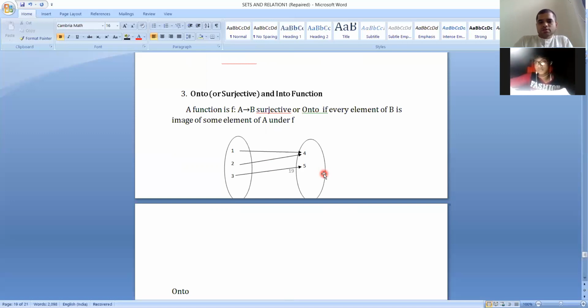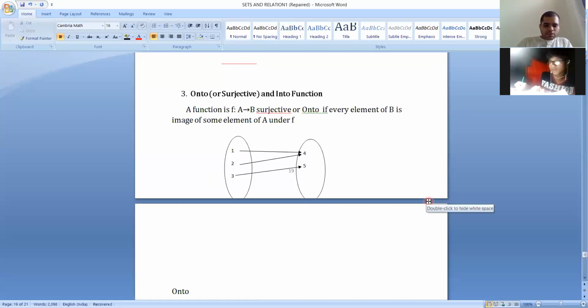Yes, because 4 has two pre-images, since two elements of set A are related to one element of set B. So this is a many-one function, and this is also an onto function because all the elements have their pre-images. 4 has two pre-images and 5 has one pre-image. So this is an onto function.